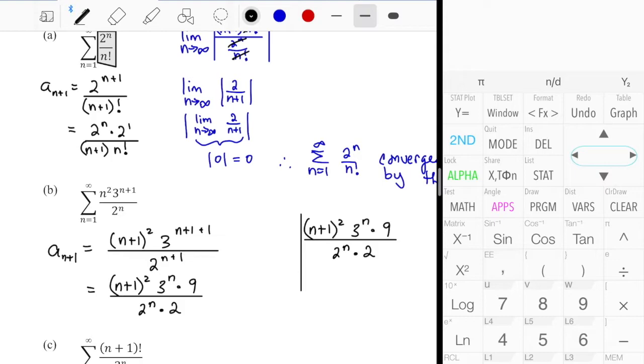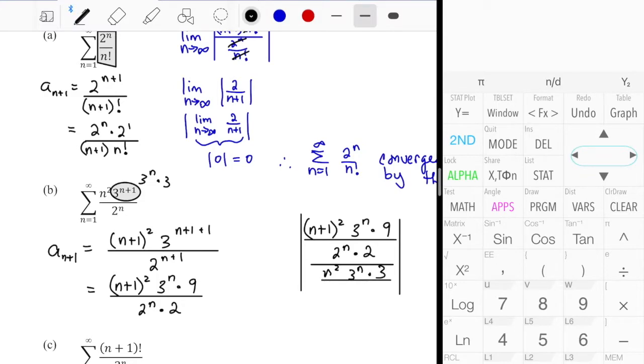This, in ratio form, compared to n squared 3. Now this 3 to the n plus 1, I'm still going to write that as 3 to the nth times 3.